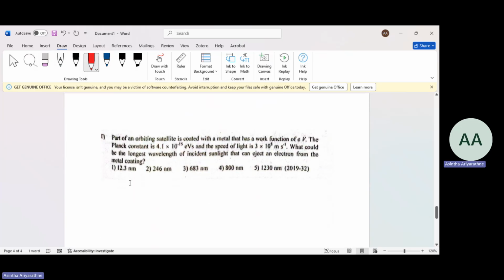A part of an orbiting satellite is coated with metal that has a work function of 1 eV. The Planck constant is 4.1 times 10 to the minus 15 eV s, and the speed of light is 3 times 10 to the power 8. What could be the longest wavelength of incident sunlight that can eject an electron from the metal coating?